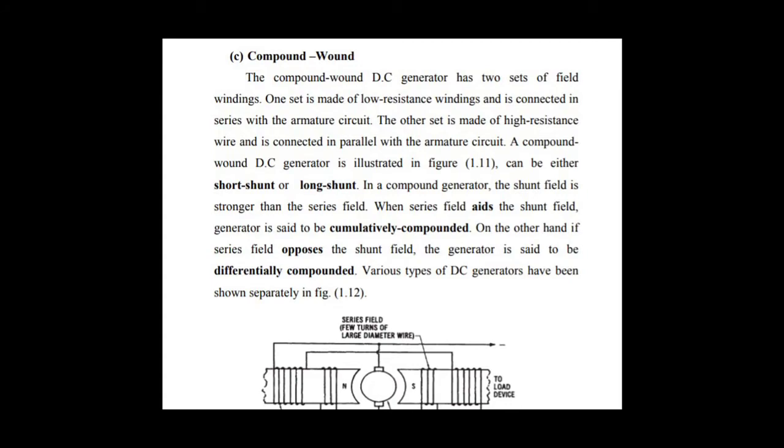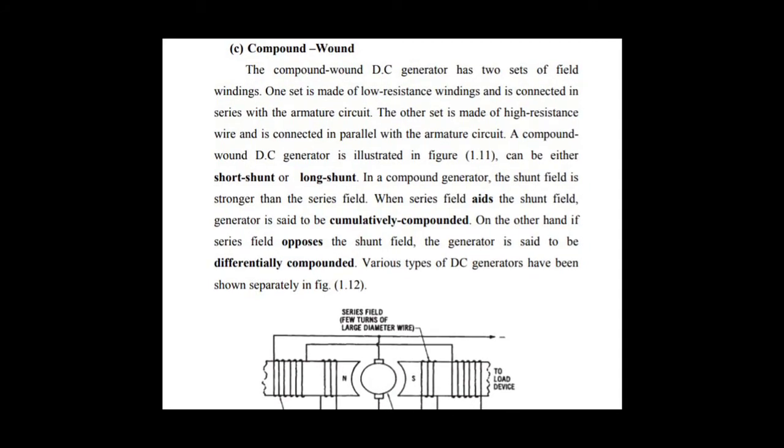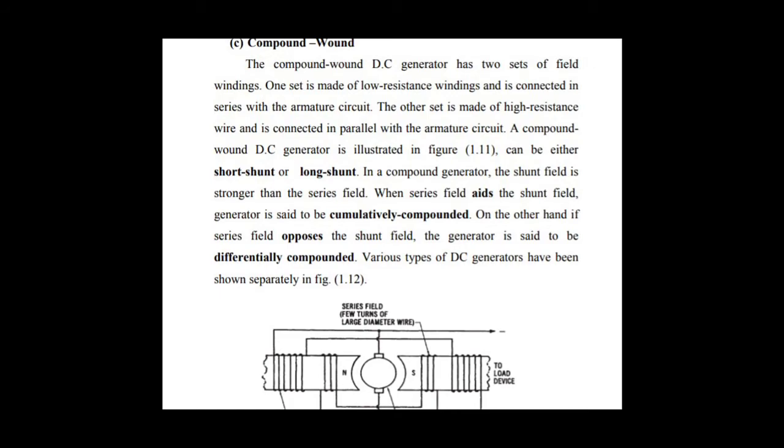So the low resistance winding is connected in series and the high resistance winding is connected in parallel with the armature circuit.